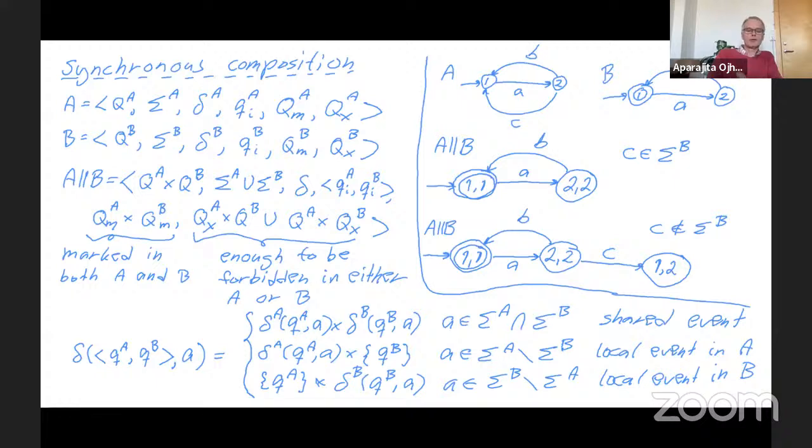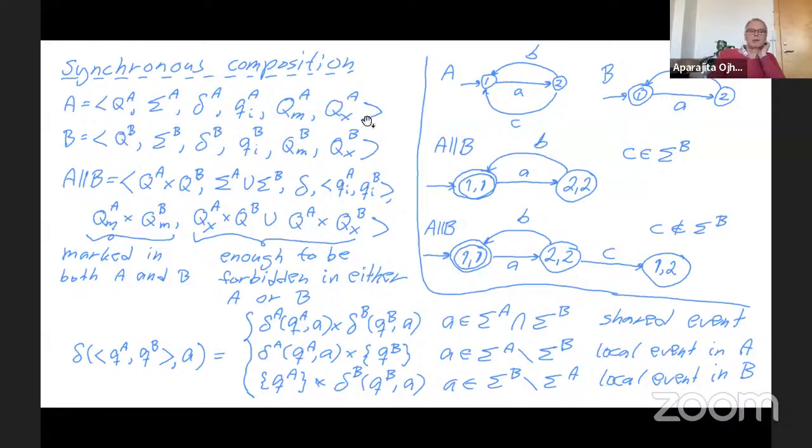Now we also have the synchronous composition, which is very important. It's very crucial. And actually, I will introduce here something similar to the example I had yesterday, but now we have the formal definition of this. Then we take two automata, A and B. For the automaton A, I use the superscript A on all elements here in the tuple.